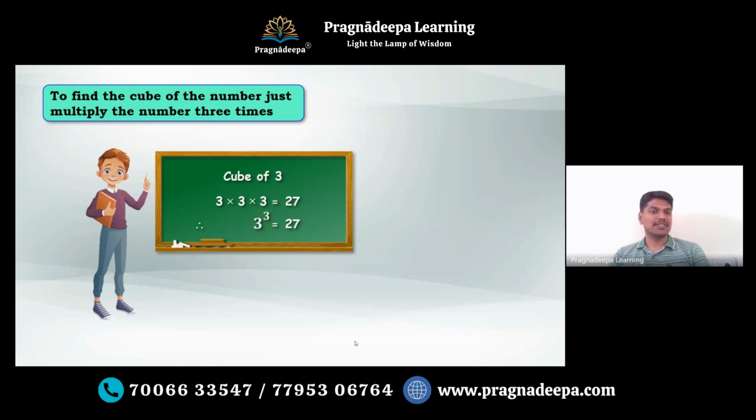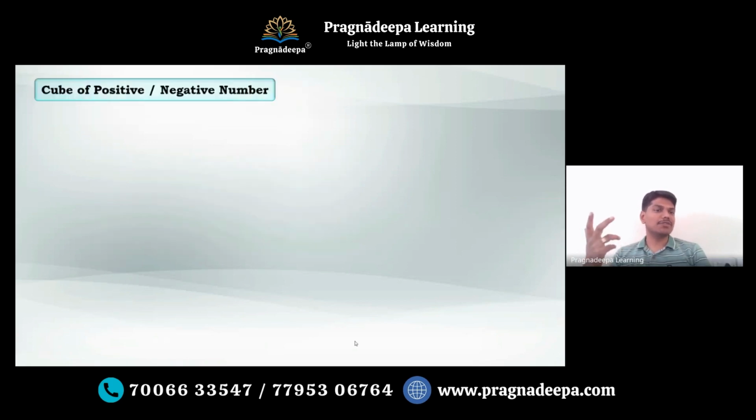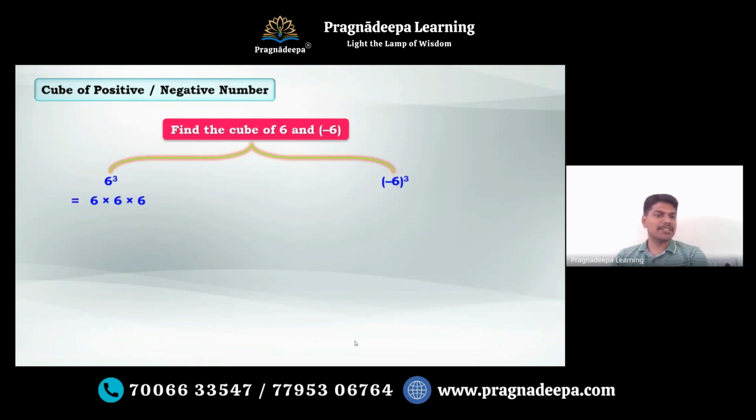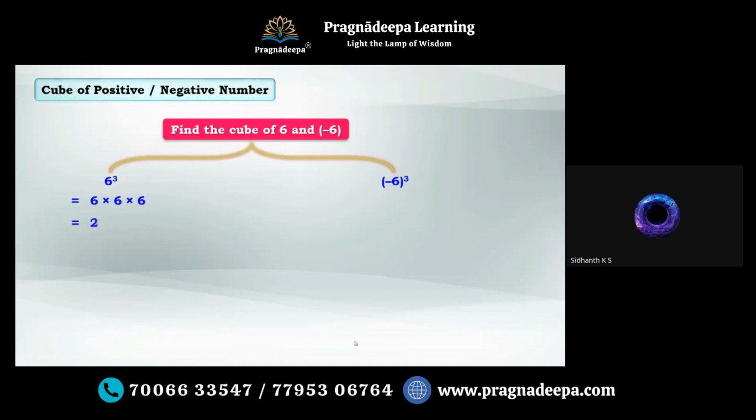Correct? Yes, sir. There are nice interesting properties that this will have. For example, the cube of a positive number or negative number. To understand that, let us try with an example. Let us find the cube of 6. How will we find the cube of 6? 6 cube is 6 into 6 into 6, that is 36 into 6, which is 216, sir.